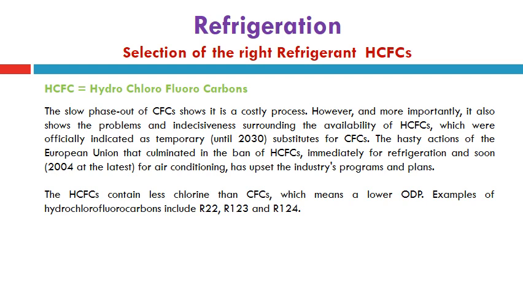The hasty actions of the European Union that culminated in the ban of HCFCs immediately for refrigeration and soon, in 2004, at least for air conditioning, has upset the industry's programs and plans. The HCFCs contain less chlorine than CFCs, which means a lower ODP. Examples of hydrochlorofluorocarbons include R22, R123 and R124.